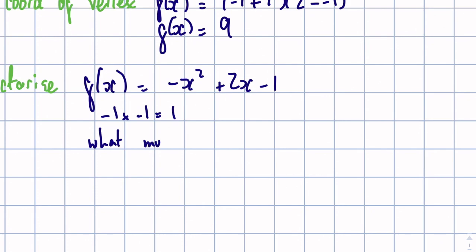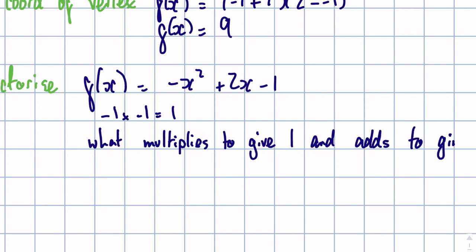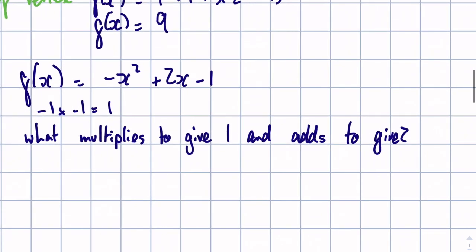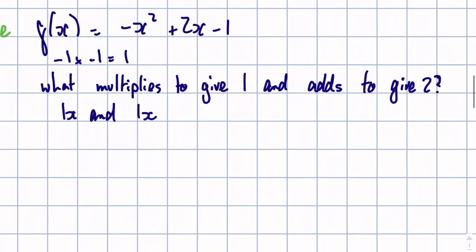What multiplies to give 1 and adds to give 2? 1x and 1x. So that's what I'm going to use. I've got f of x equals minus x squared plus 1x plus 1x take 1.